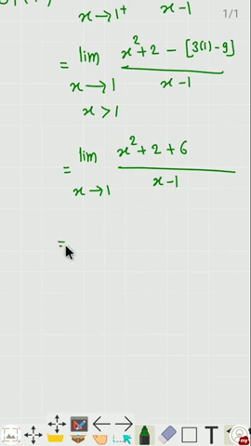Okay, now put x equal to 1 and we get 1 plus 2 plus 6 divided by, don't put 1 here. Okay, we must remove the factor x minus 1 from the numerator.